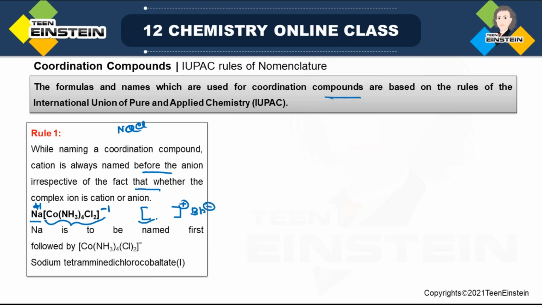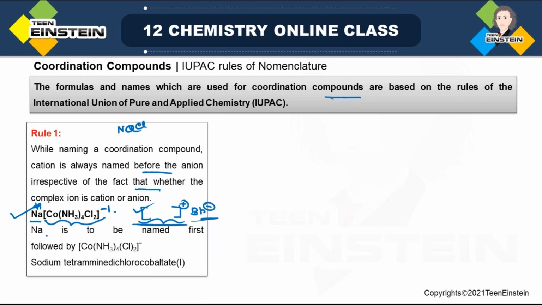Now the coordination part is forming the cation, and outside there is a counter ion, which is anion. So that is another possibility. So whatever is the case, whether it is this type or the second type, always you have to name the cationic part first. So for the second example, you have to name this part first. After that, it will be bromide.